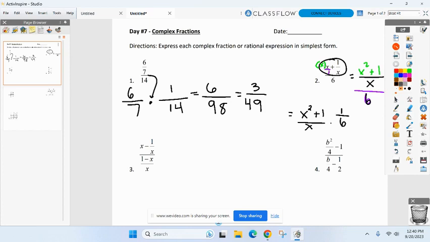No, why not? It's not minus. Beautiful. Let's finish this up. There's nothing I can do here. I wish there was something I could cross out and factor, but I can't. So what am I left with on the top? X squared plus 1. And on the bottom? 6x. Nothing I can cross out here. There will be eventually, but not here.